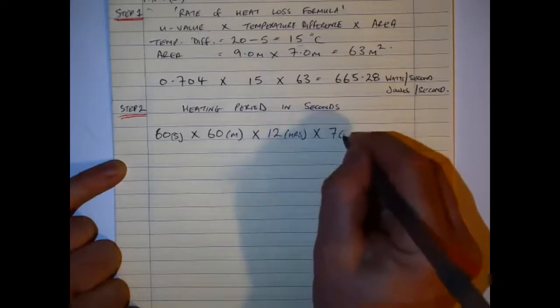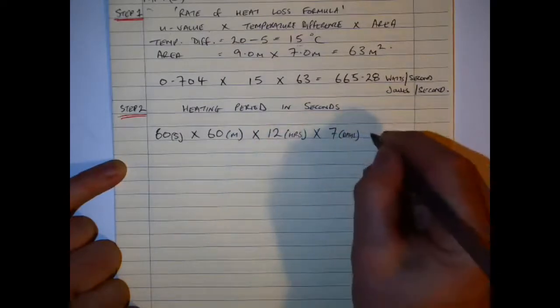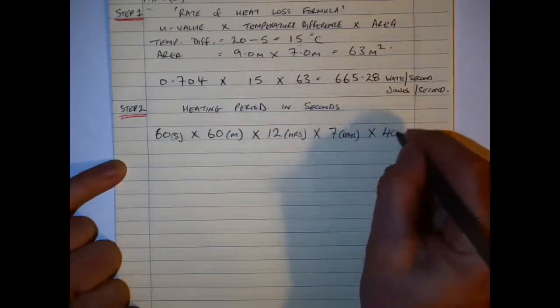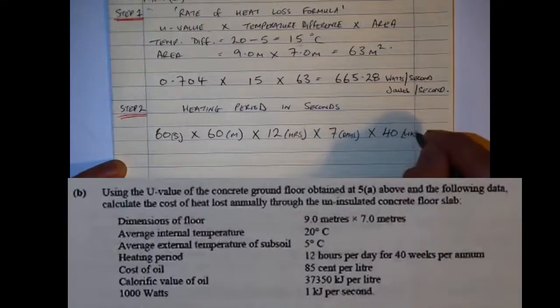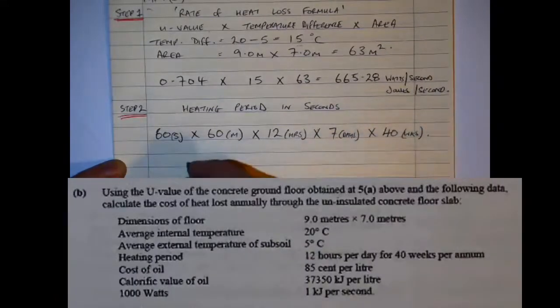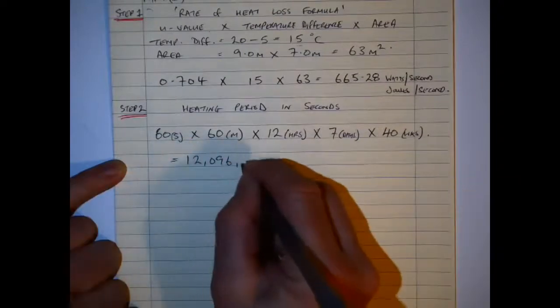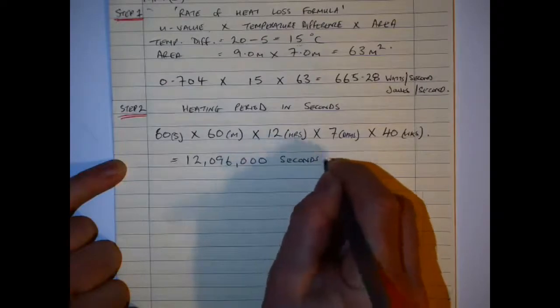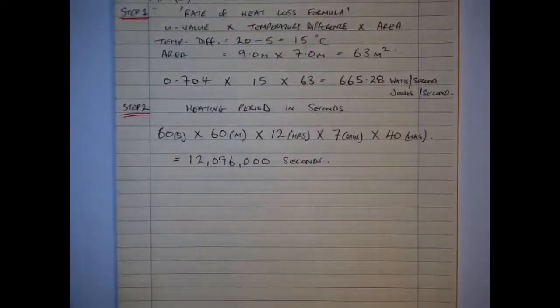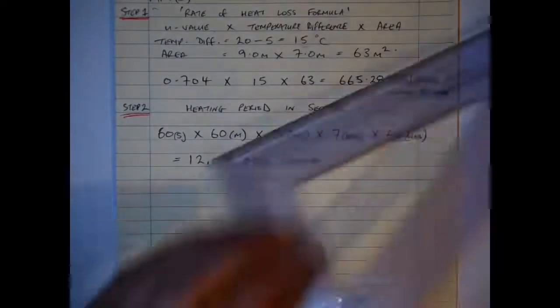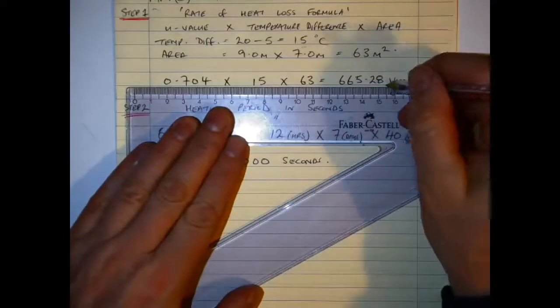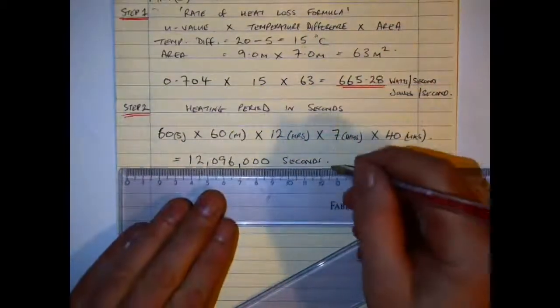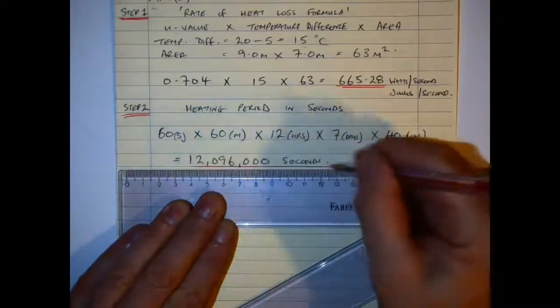And we have 7 days of the week, and there's 40 weeks. So that's the start point for calculating the heating period in seconds. The values are given in the question. We multiply that out and it gives us a huge figure of 12,096,000 seconds.